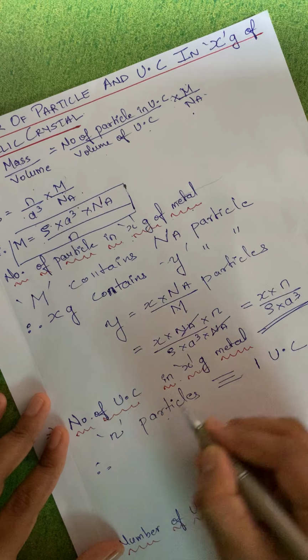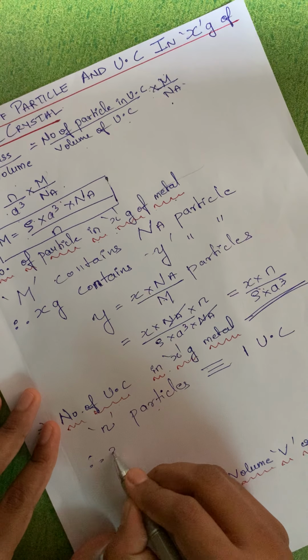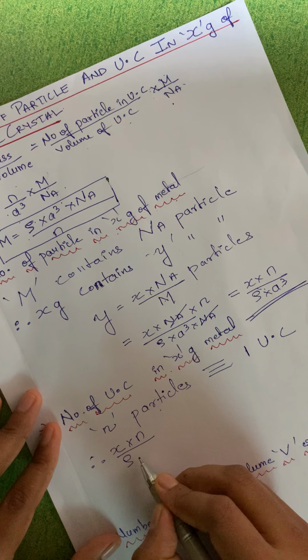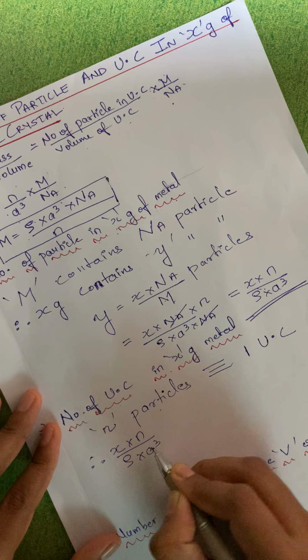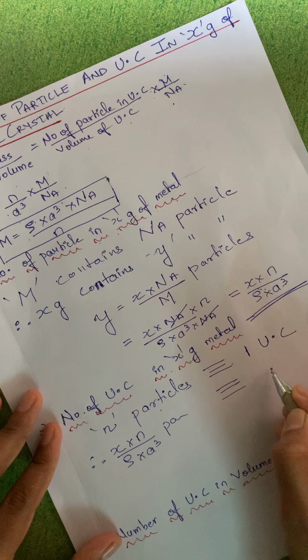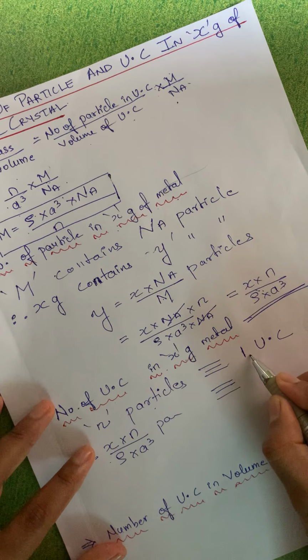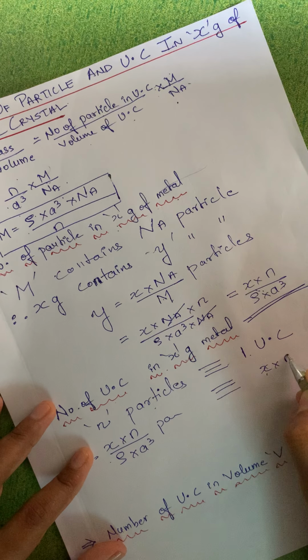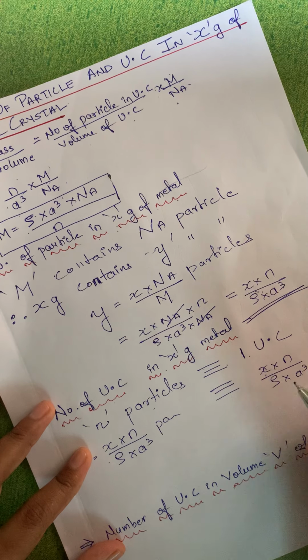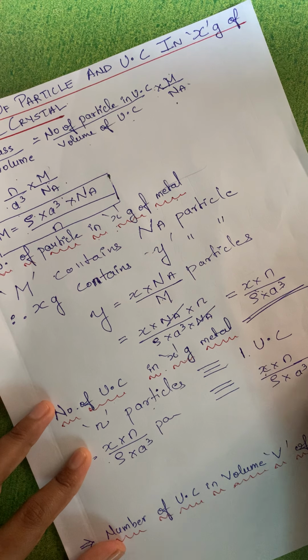Therefore, how many particles are there with us? x into n upon rho into a cube particles are there. So this will be equal to this into this: x into n into density into a cube into 1 upon n.